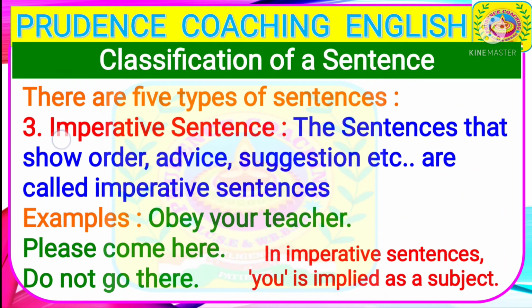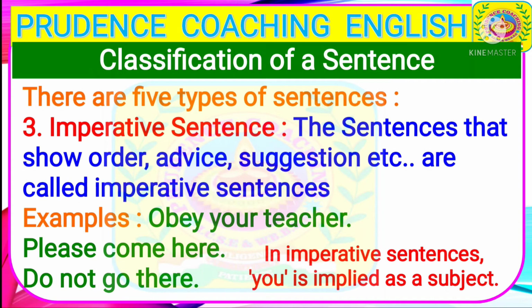Next one, imperative sentences. The sentences that show order, advice, suggestions, etc. are called imperative sentences. In this type of sentences, some orders may be given, some advice may be given, or some suggestions may be given.